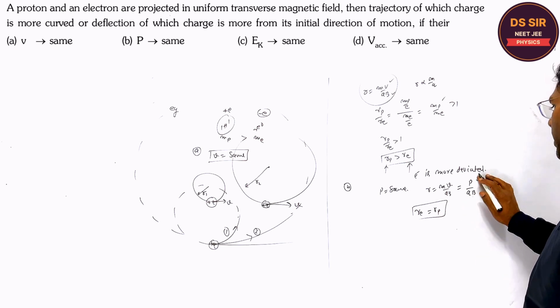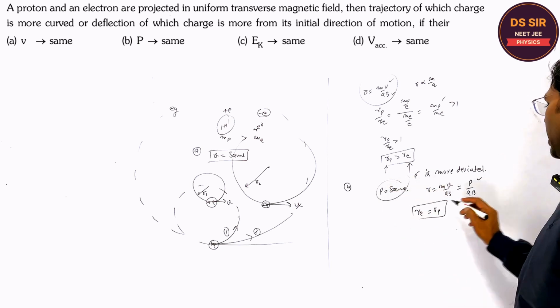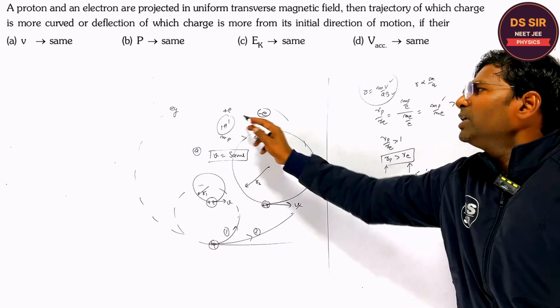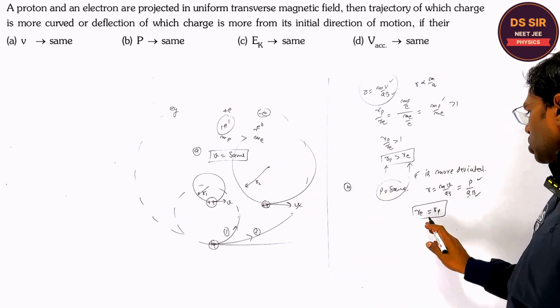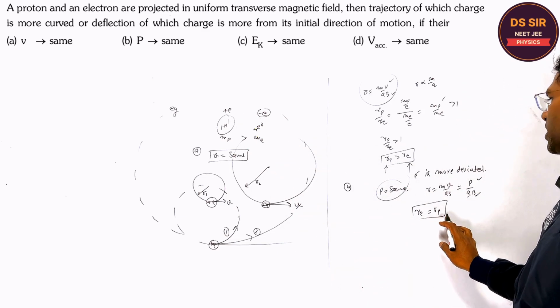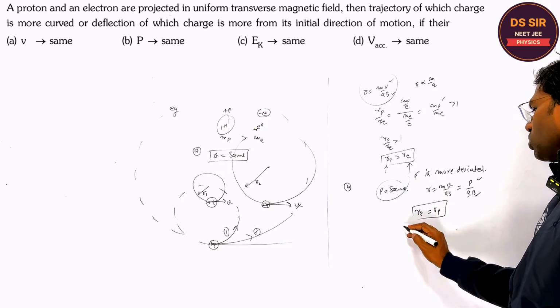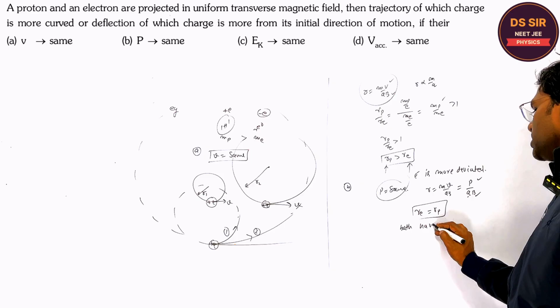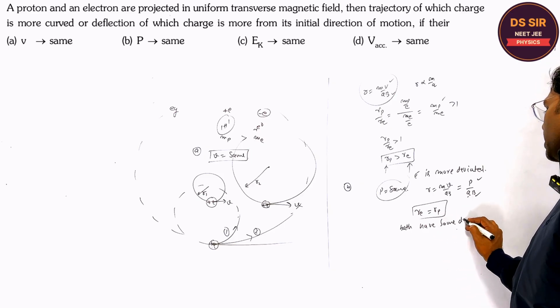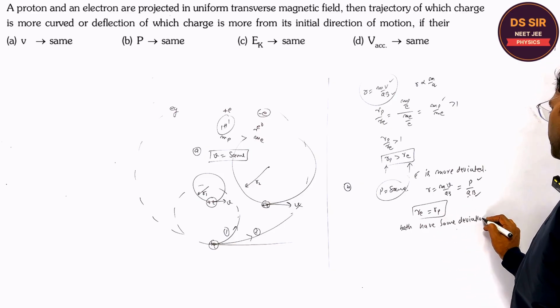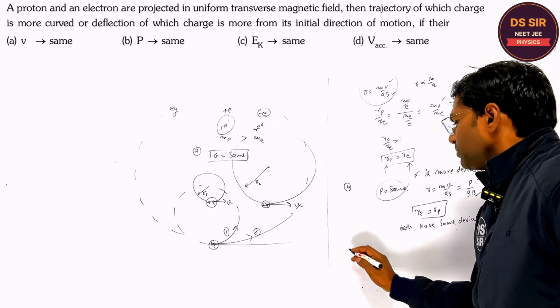Because the momentum is the same, and the magnetic field and the charge E and minus E magnitude are the same. So the radius of curvature is the same, so both have the same deviation. Is it clear or not, you tell? Yes, sir. What is the C part, you tell?